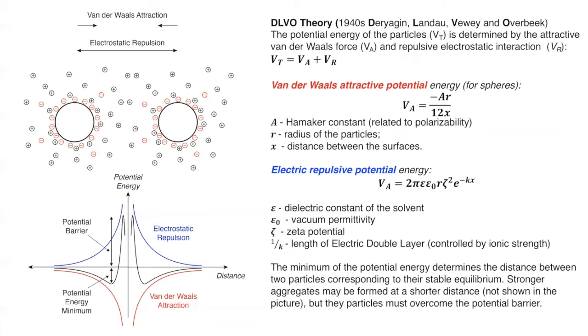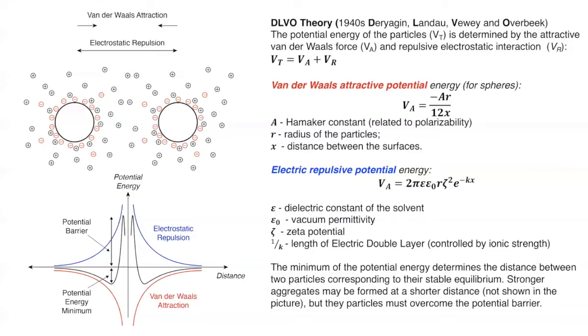So metals, for instance, will have a high Hamaker constant, and things like plastic will have a low Hamaker constant. Okay, there's also the size to consider, and then you can measure this van der Waals attractive potential as a function of the separation between the particles. The closer they get, the more strongly they are attracted to one another.